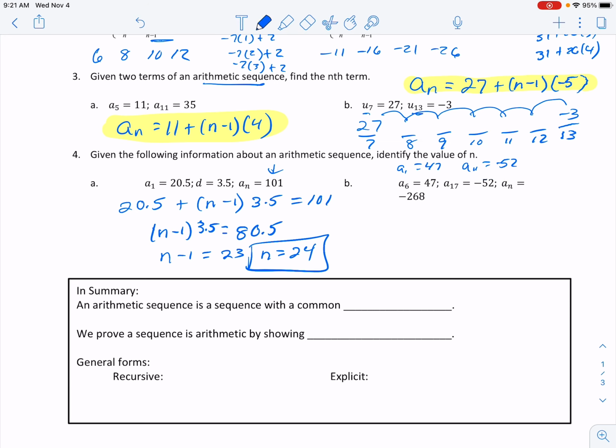So now I can plug it in, and you have 47 plus n minus 1 times d equals negative 52. And what did we say? We knew that was the 11th term, so let's go back and change this to 10. So d is equal to, I hope I did this right.